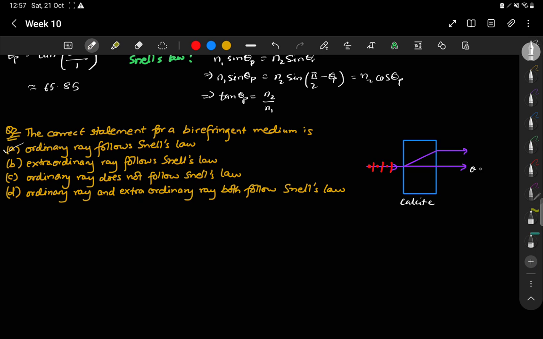One is the O ray, which is the ordinary ray, and one is the E ray, which is the extraordinary ray. And the O ray has one particular polarization, which is perpendicular, and E ray has the other polarization, which is parallel. So you can basically use birefringent crystals to obtain polarized light from unpolarized light.